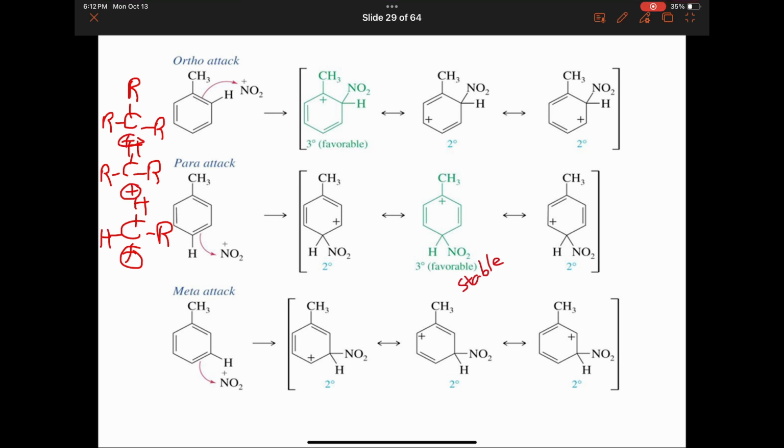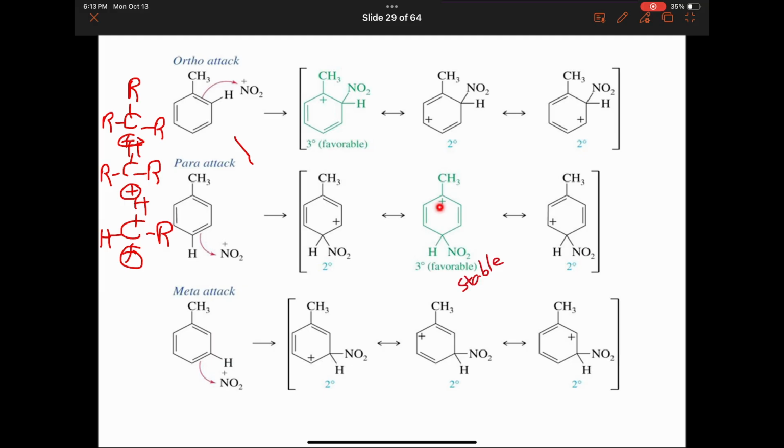Bear with me on that plus sign right there. The more substituted carbocations are more stable, and because they're more stable, they're more favorable to form. So that's why you have high products in your ortho and in your para, because one of their resonance forms contains a tertiary carbocation.